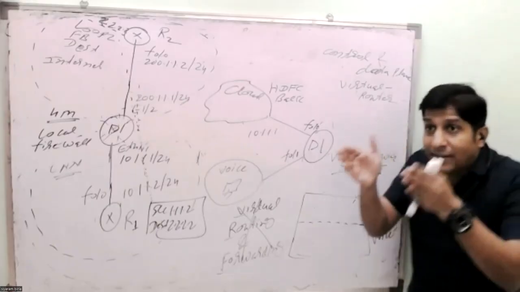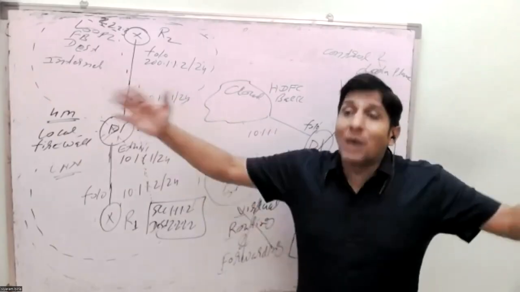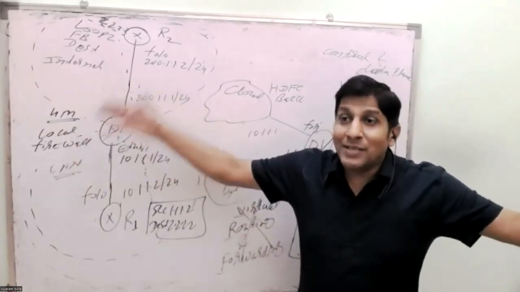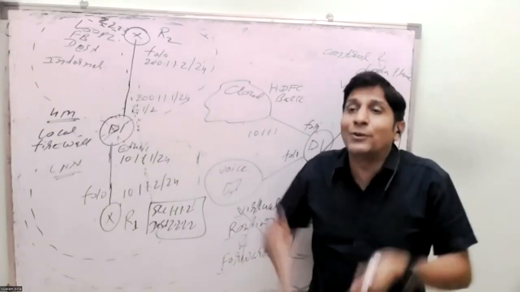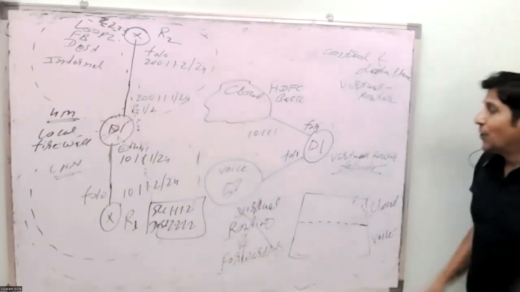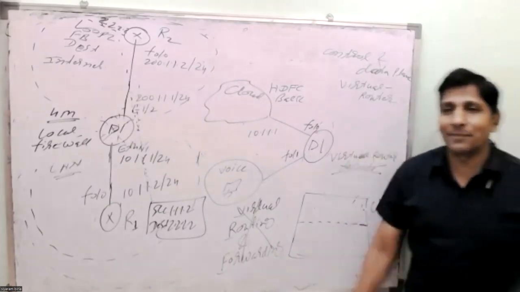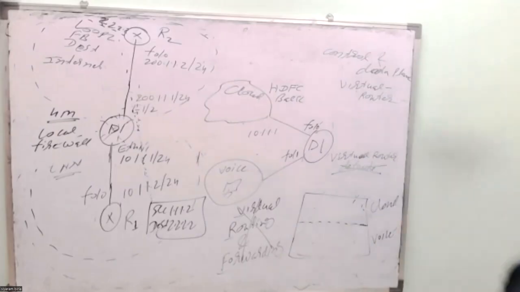It means I'm dividing a Palo Alto firewall's single routing table into multiple routing tables. Means I'm dividing a single firewall into multiple firewalls. So default virtual router means a single routing table. Let me show you.